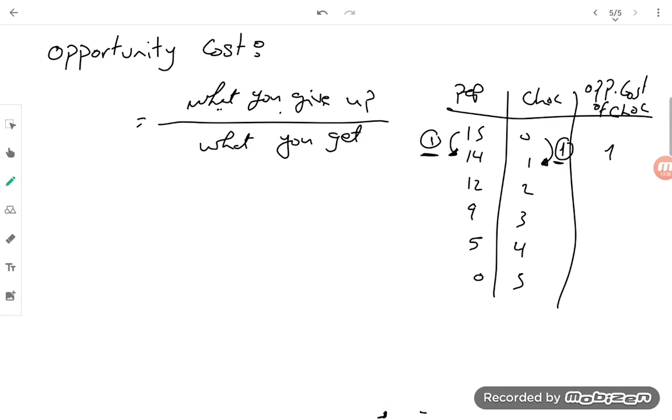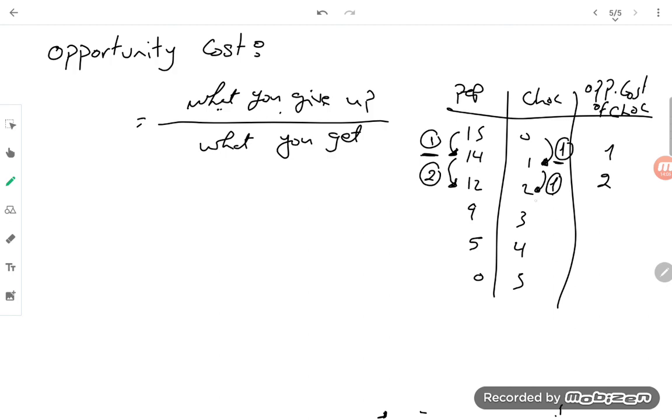Now, you are going to increase production of chocolate from 1 to 2. So production is going to increase by 1 unit. As a result, you have to give up or decrease production of Pepsi from 14 to 12. So production is going to decrease by 2 units. So it is 2 divided by 1, 2.